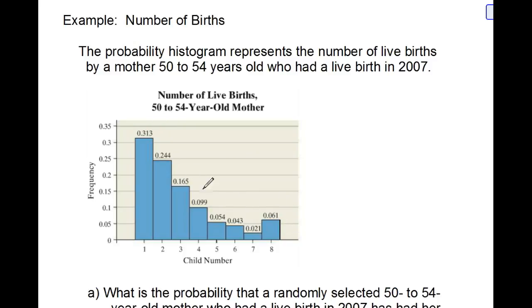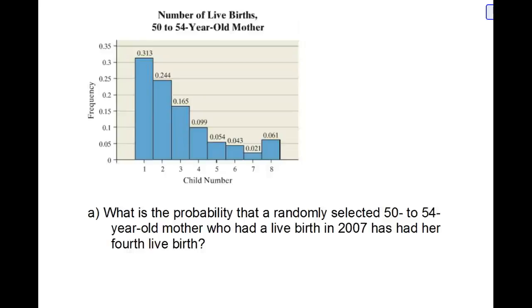So what this is saying is that more people between 50 and 54 have their first child at this point rather than their subsequent children, except for that eighth child that actually increases. And so we can make predictions and find the probabilities about a population based off of this histogram.